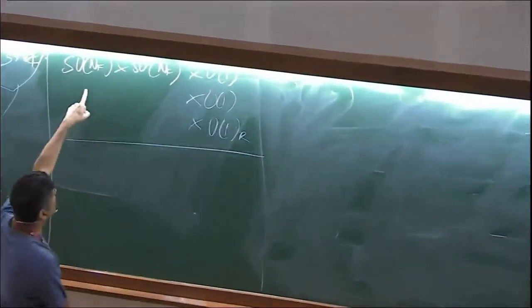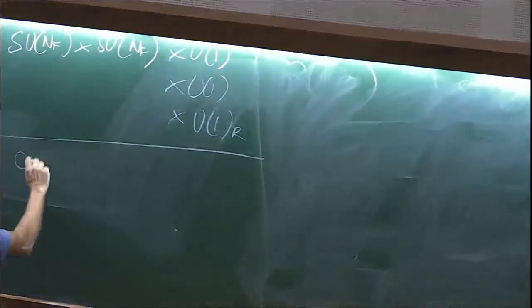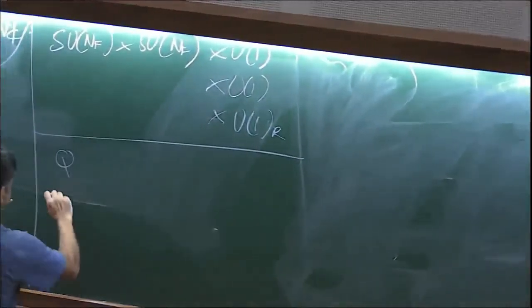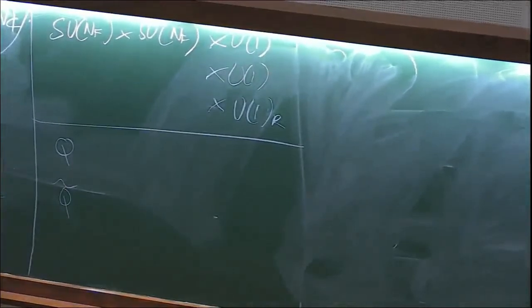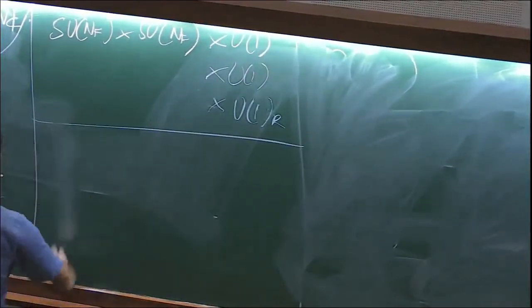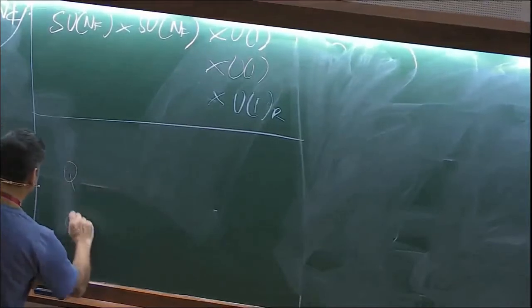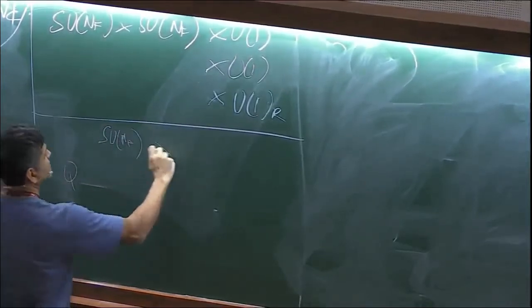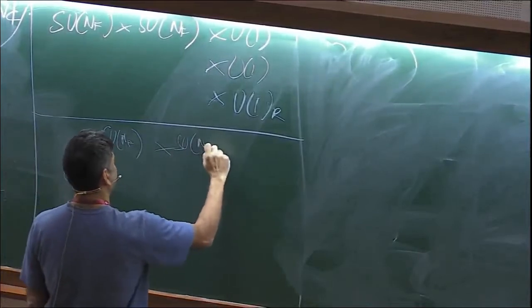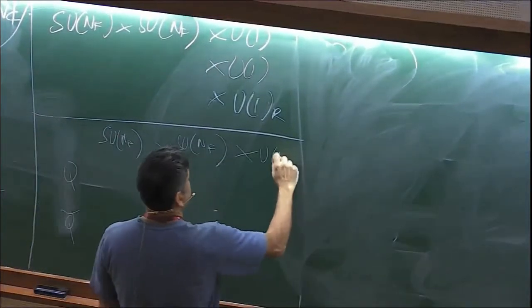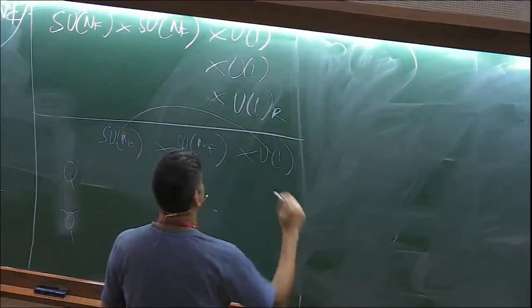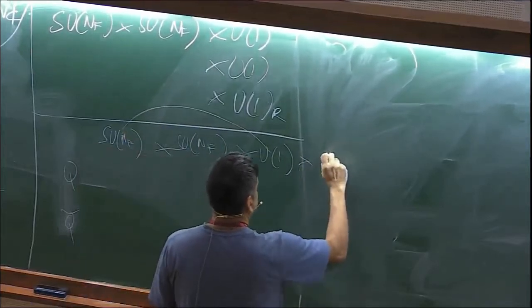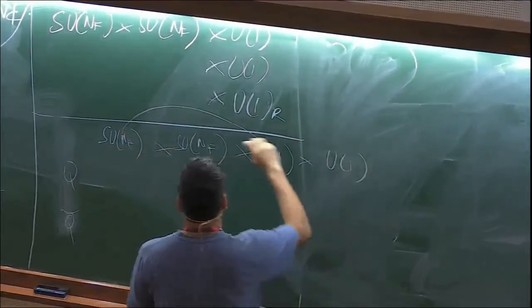Let me write down the charges of Q and Q̃ under this symmetry. Okay, so let me write it down properly. There's Q, Q̃, SU(N_F) times SU(N_F) times U(1), this U(1), times U(1), that's this U(1).